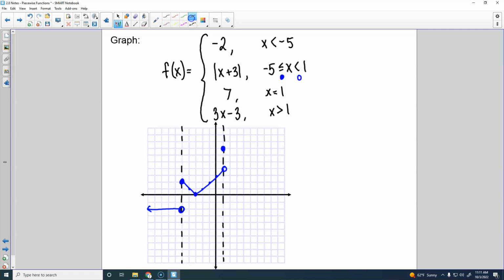And so then we got 3x minus 3. That has a y-intercept at negative 3 and a slope of 3. So up 3 over 1, up 3 over 1, up 3 over 1. So that graph looks like this.